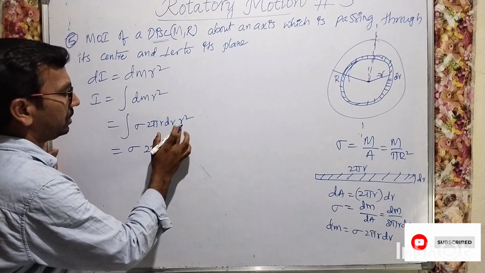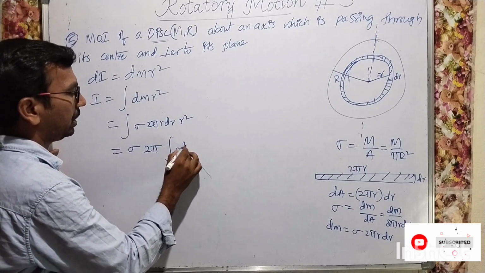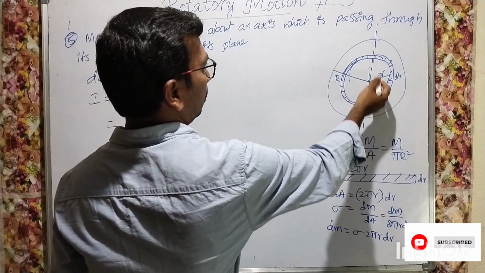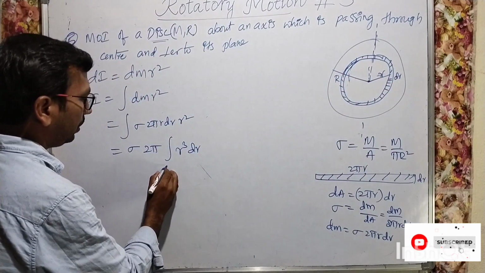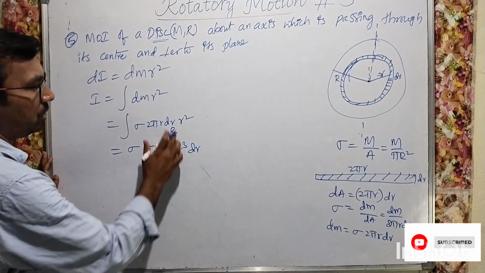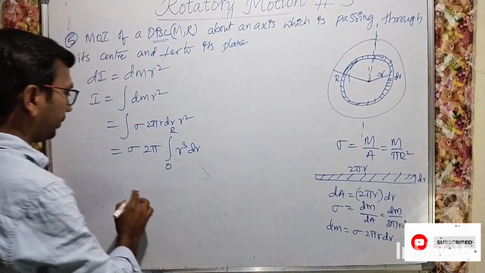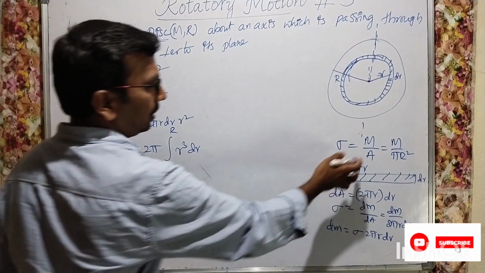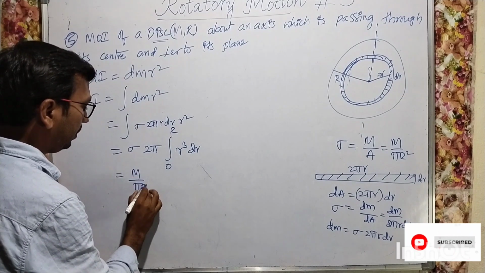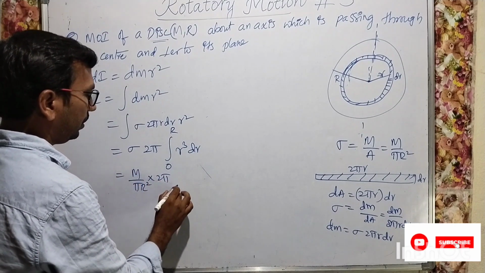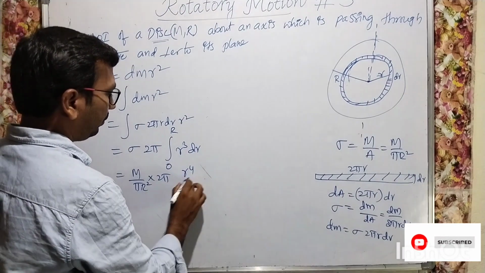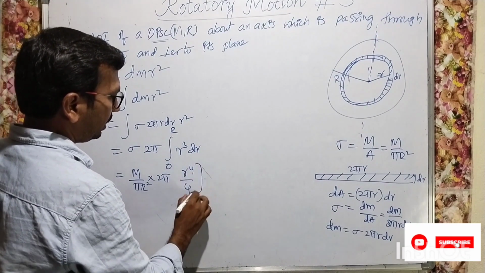So we get r cube dr inside the integration, with limits from 0 to R. Sigma is M by pi r square, into 2 pi, times the integration of r cube dr, which is r to the power of 4 by 4 with limits from 0 to R.